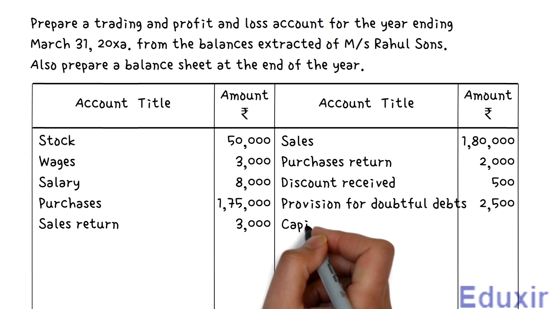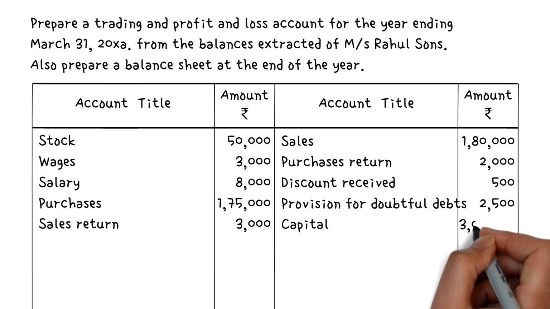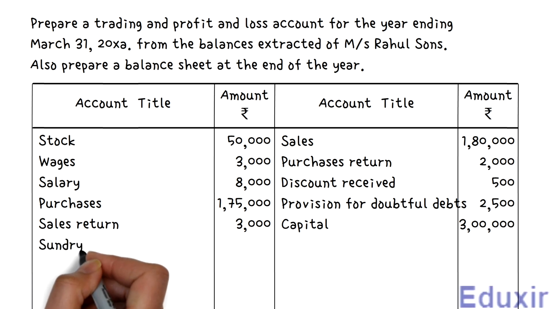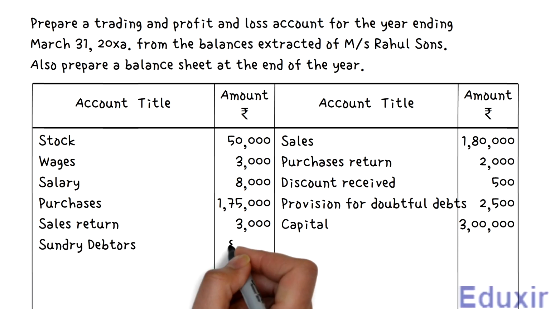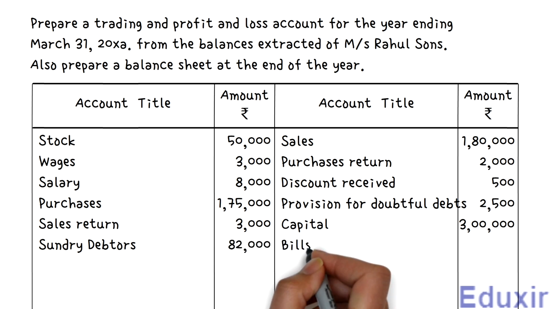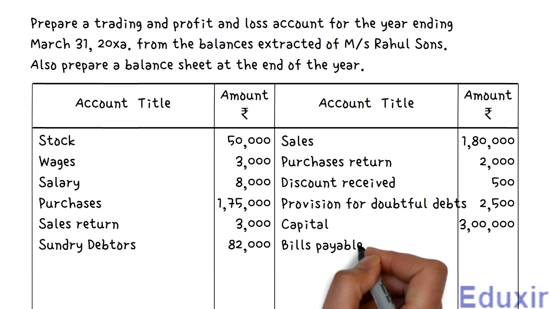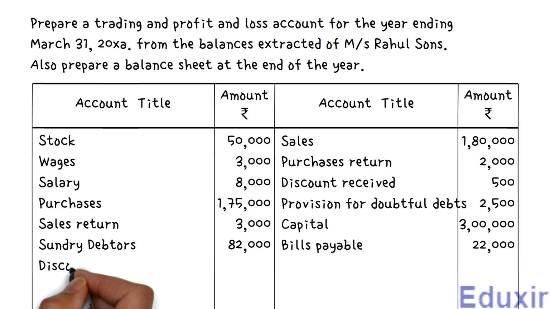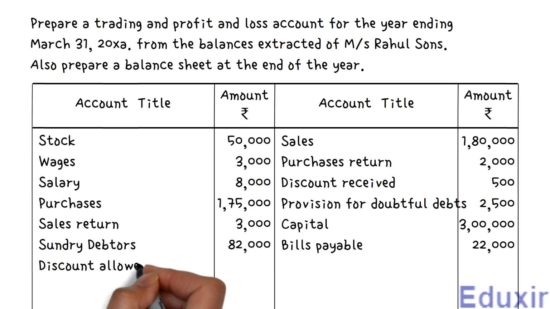Capital balance is 3 lakh rupees. Sundry debtors balance is 82,000 rupees. Bills payable balance is 22,000 rupees. Discount allowed balance is 1,000 rupees.